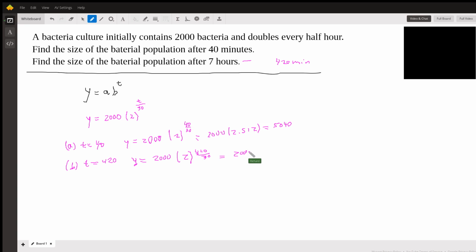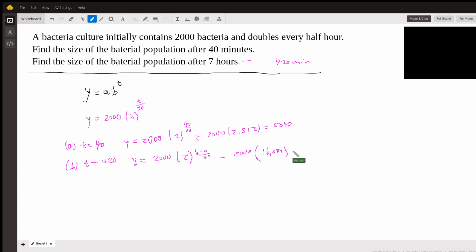So let me evaluate that. So 2 raised to the 420 divided by 30 gives me 16,384.